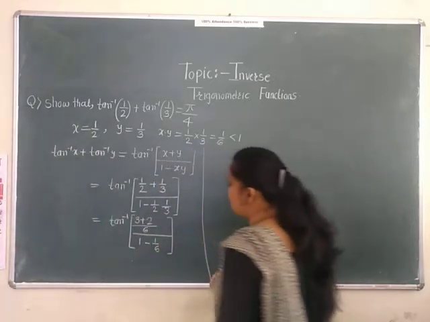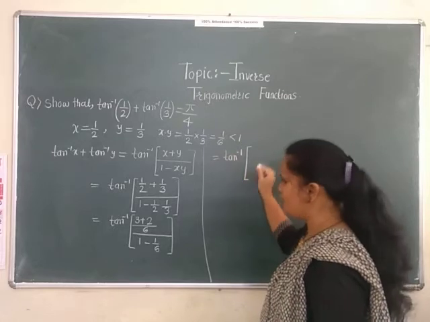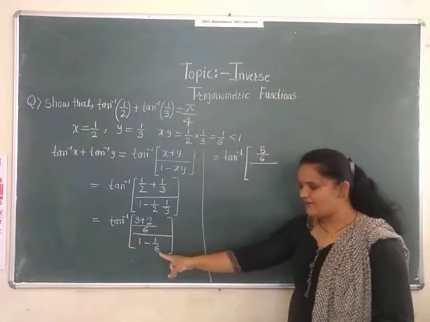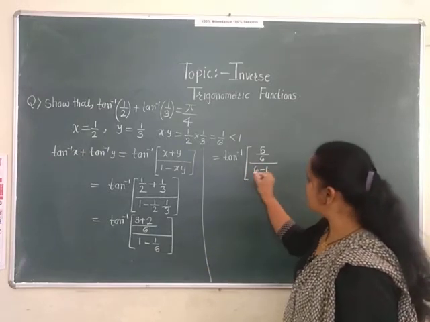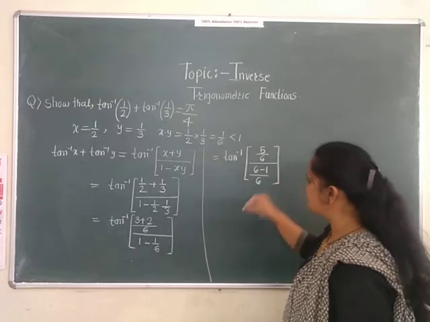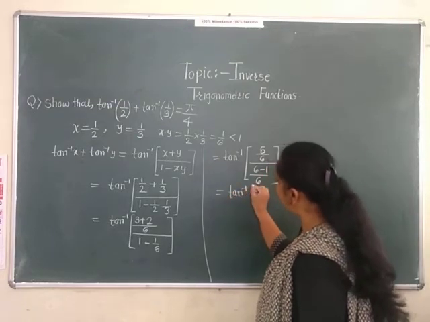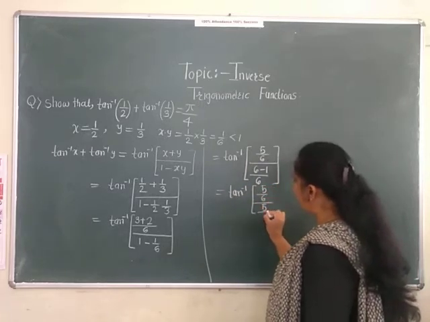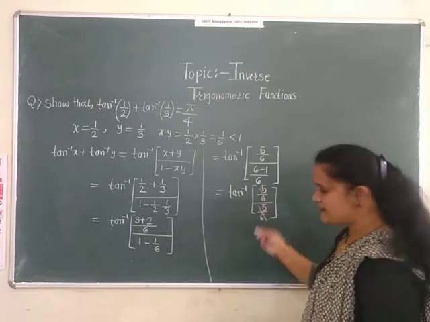So I will write here it is equals to tan inverse of 5 by 6 divided by, now I will solve this denominator, 6 into 1 is 6 minus 1 upon 6. Further, tan inverse of 5 by 6 divided by 5 by 6 we get, and these are identical terms.